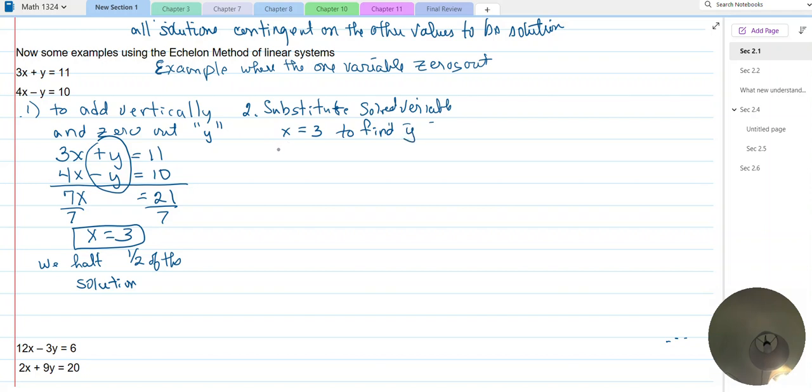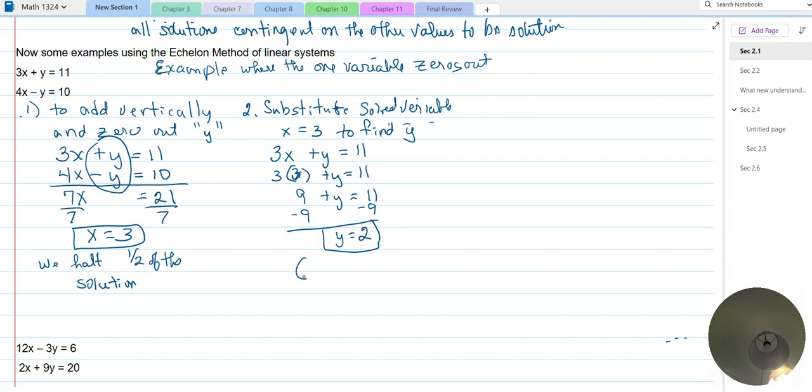And it doesn't matter which equation we use. So if I use 3x plus y equals 11, and I insert 3 for x, I'm going to have 9 plus y equals 11. We could guess the answer at this point, but we're going to subtract 9 so that y is 2.